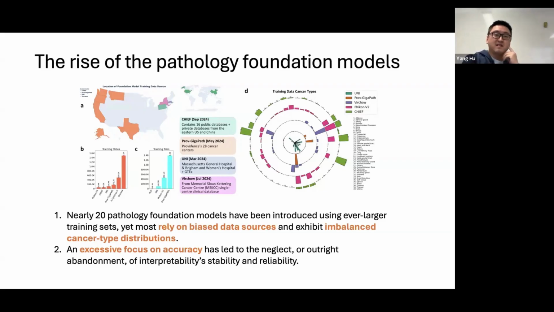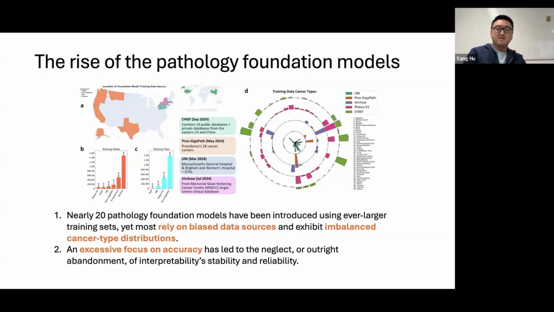Another thing is, although every one of them states their foundation model pre-training resource includes every type of cancer, the distribution of cancer types is super imbalanced. If you carefully check their papers, you will find their cancer type distribution is very imbalanced.